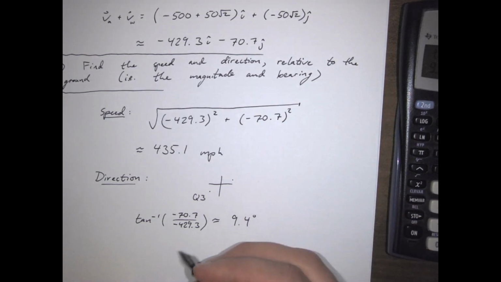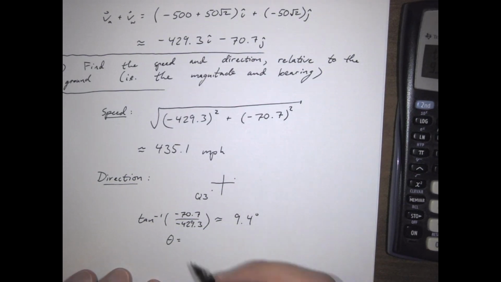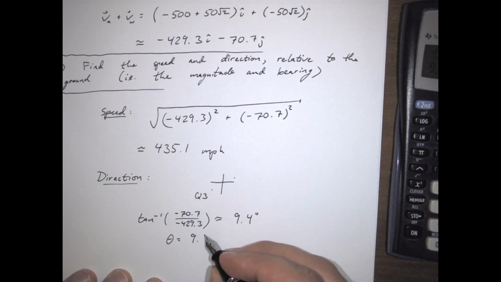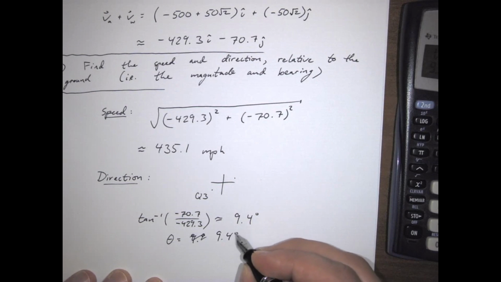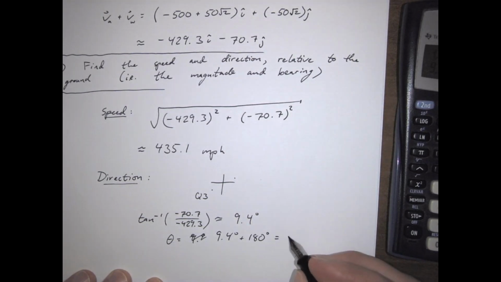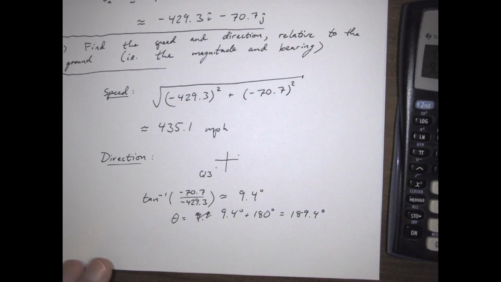So my actual theta is going to be that plus 180. So 9.4 degrees plus 180, which is 189.4 degrees, which will put us in quadrant 3, which is where we're supposed to be. So that's great. That's the theta.